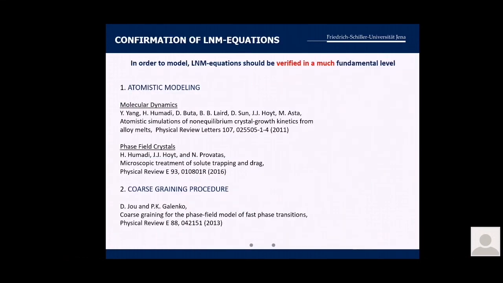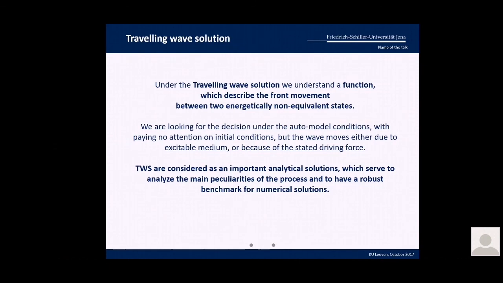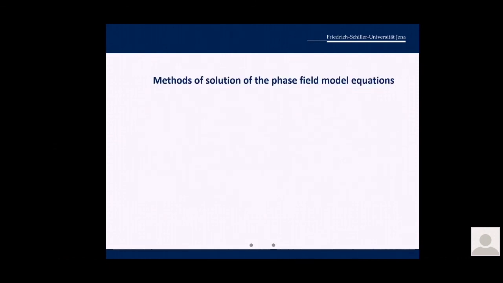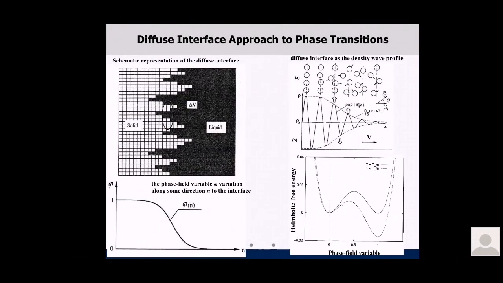Next lecture I will talk about specific features of glass forming alloys formation, because here I considered only the classical case when we have a disordered state in the liquid and an ordered state in the solid.